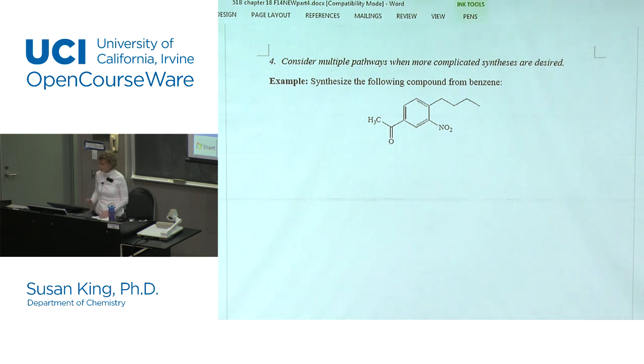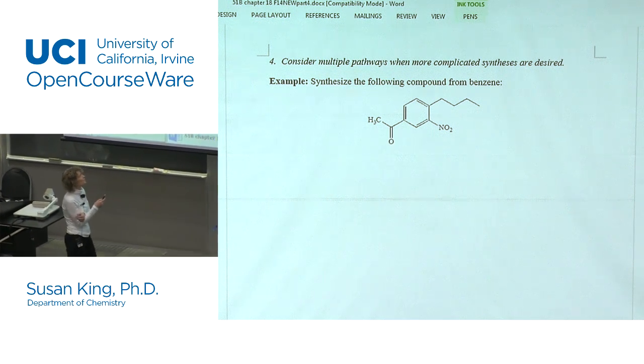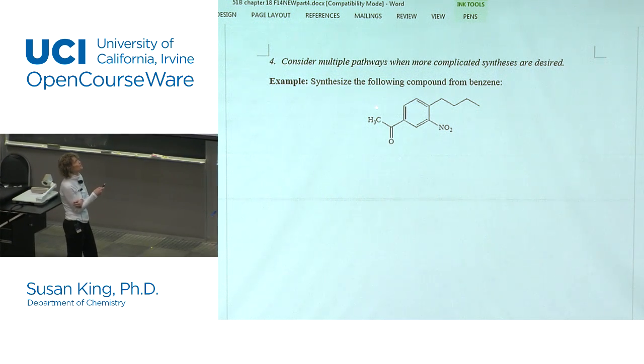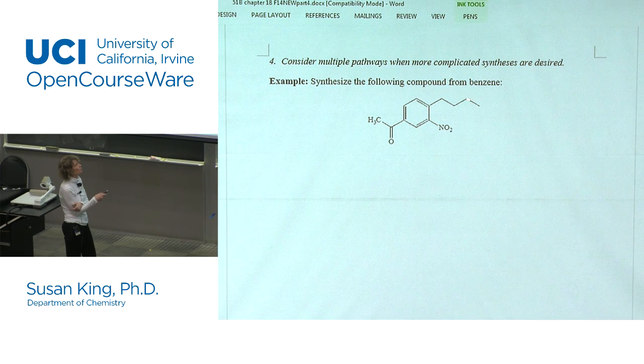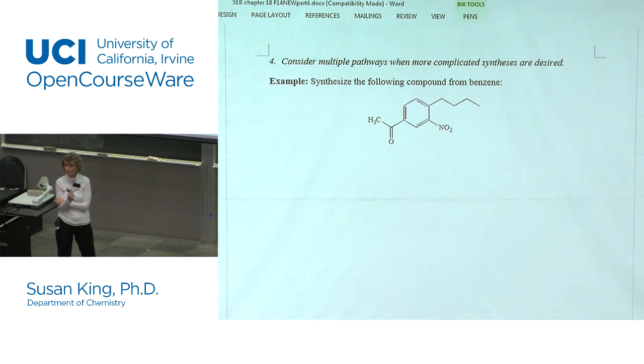Consider multiple pathways where more complicated syntheses are desired. All right, so let's make a little plan for this molecule. We're starting from benzene. This is an alkyl group. We certainly do not want to put this on first or that on first, or we'll never get that alkyl group on, correct?